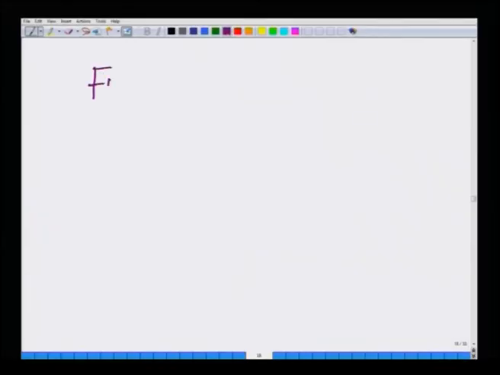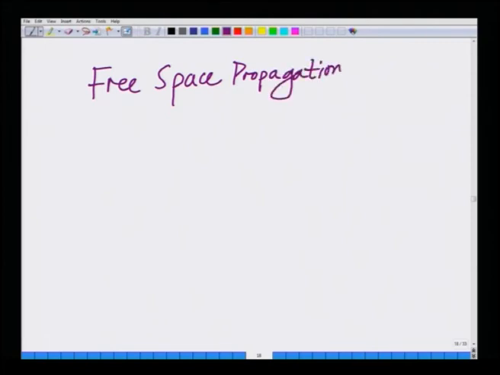So, I want to start with the basic model, which is essentially the free space propagation model.